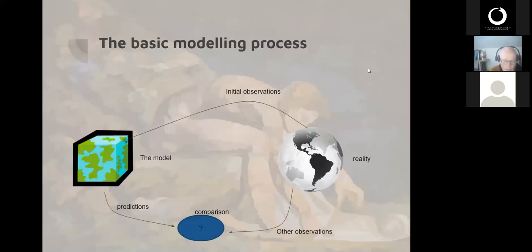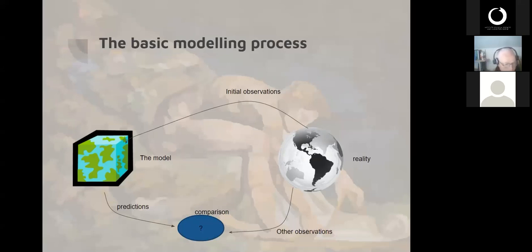So what's the basic modeling process? You have two things. You have the real world and you have your model of the world. And the model is obviously only an approximation of the real world. Almost invariably, the model is smaller than the real world.